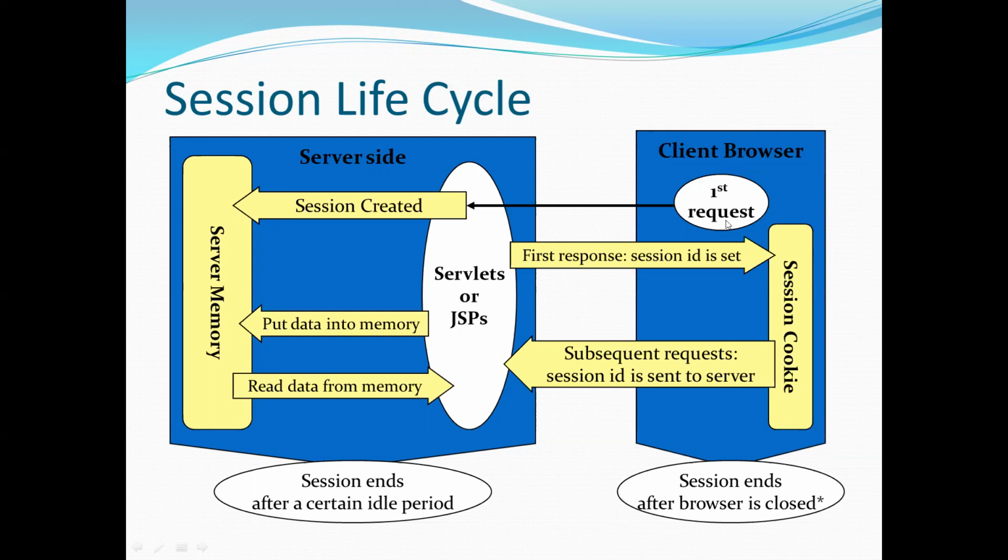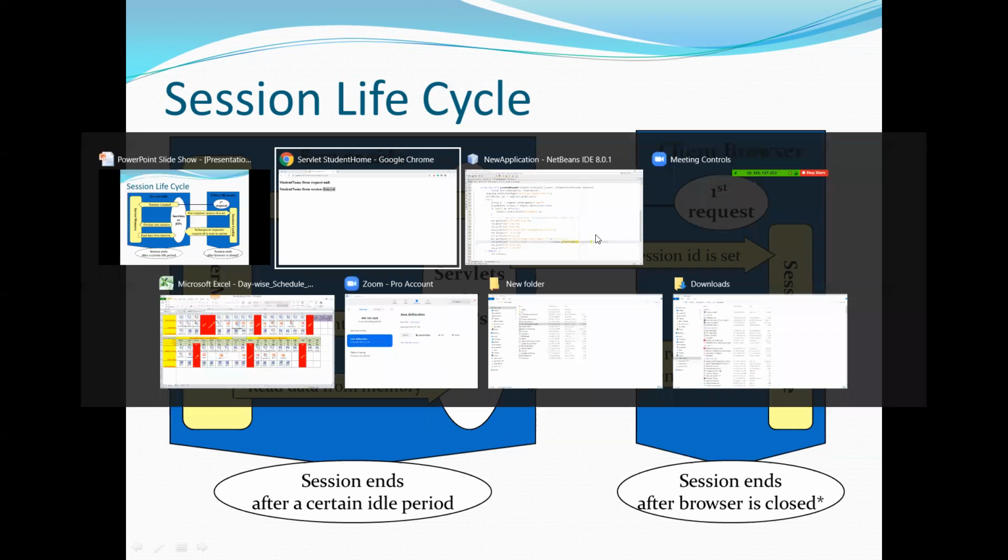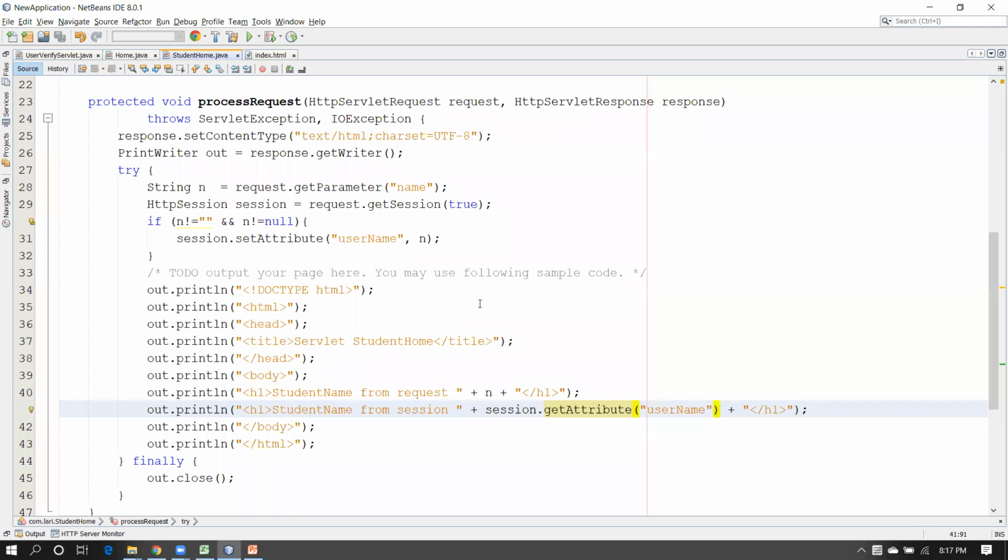I'm going to show you how the session ID looks. Just look here. There are many methods that you can use. Actually, this is the most important one, to get the session ID. After that, you can set the attribute and get the attribute.